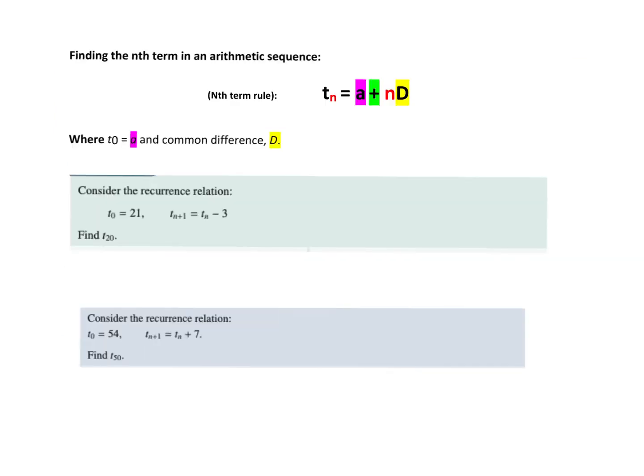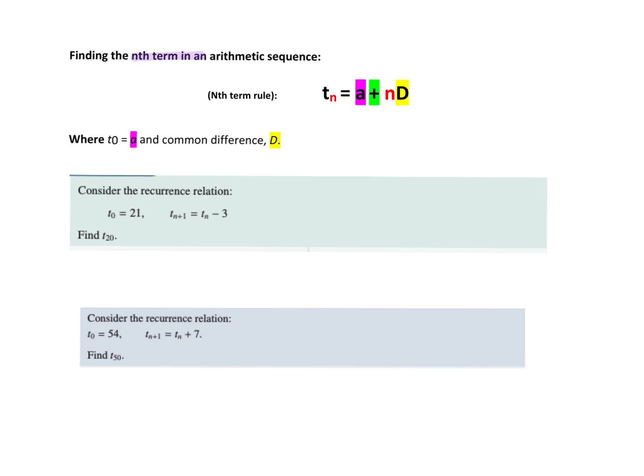Okay, so what happens is we could just keep finding the terms by recurrence. So that means I would have to keep going. And what if I said, oh, what's T20? You would just have to keep on adding 3 and 3 and 3. So that gets annoying. So we're not going to do that. So what we end up coming up with is this thing called the nth term.